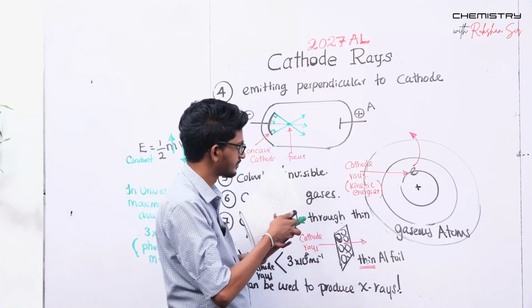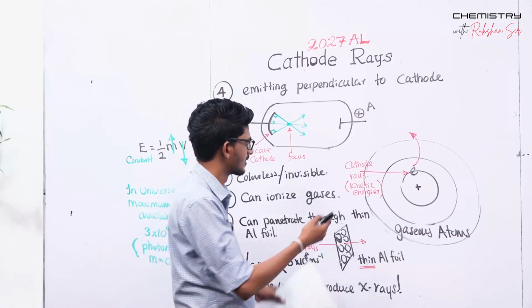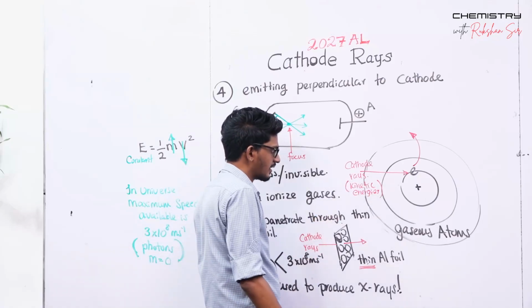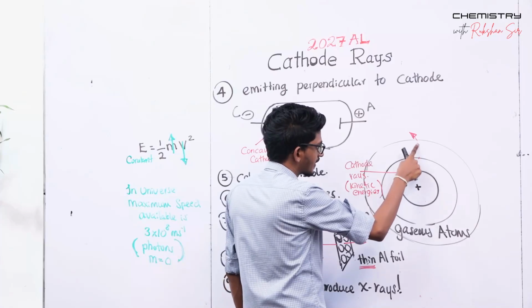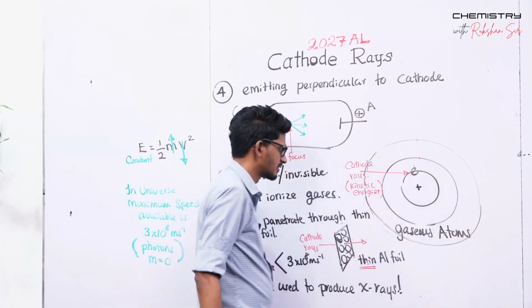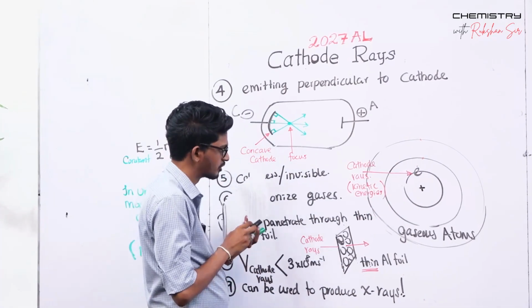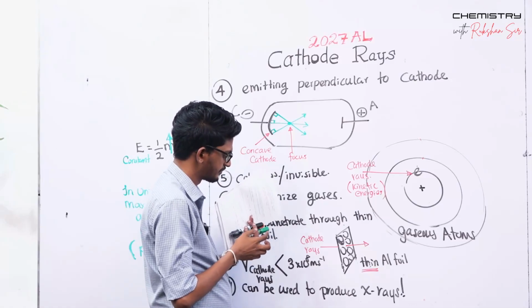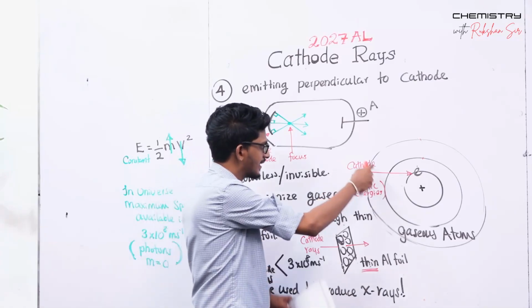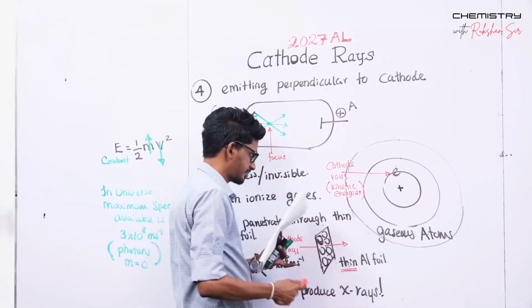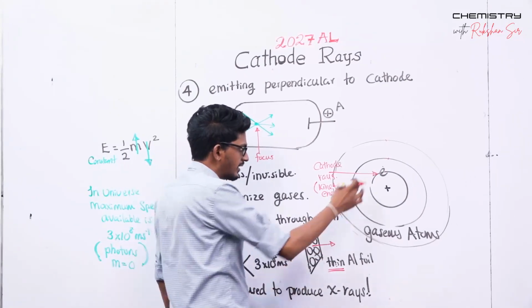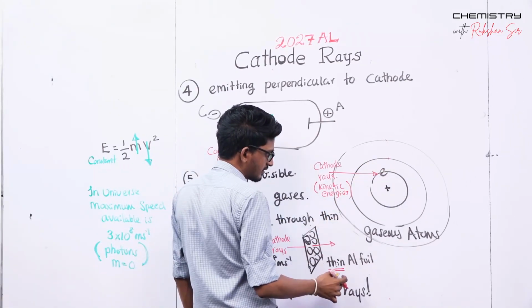So, as in the earlier case, when the cathode rays hit metals like tungsten, the normal metal used to produce X-rays, their kinetic energy will be absorbed by the electrons of tungsten.